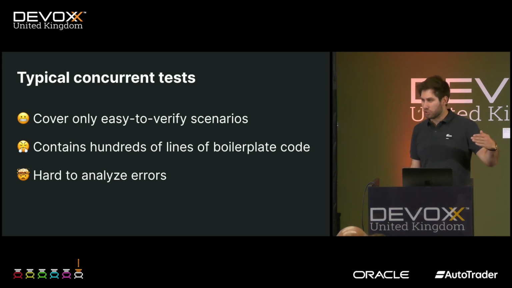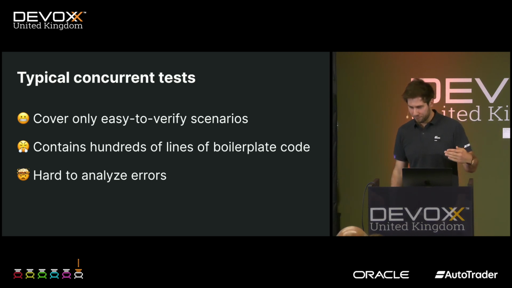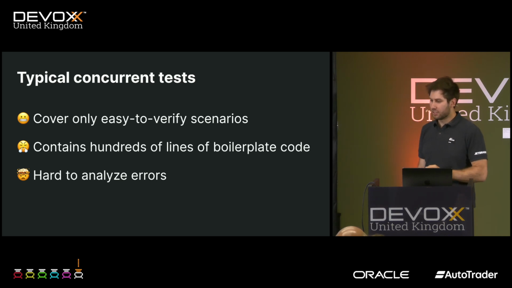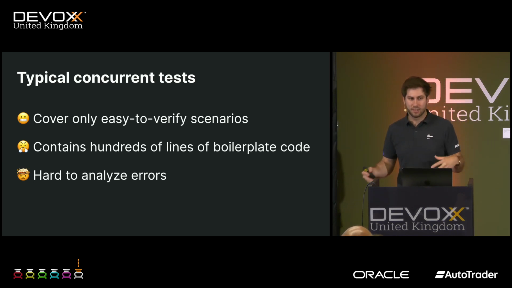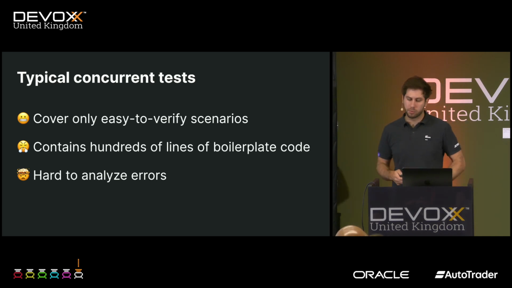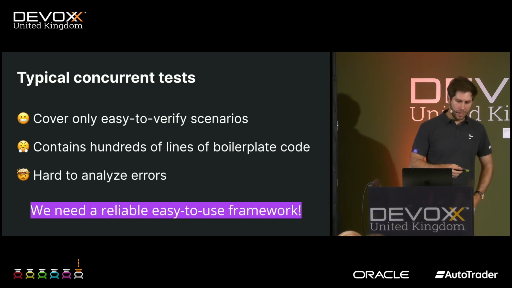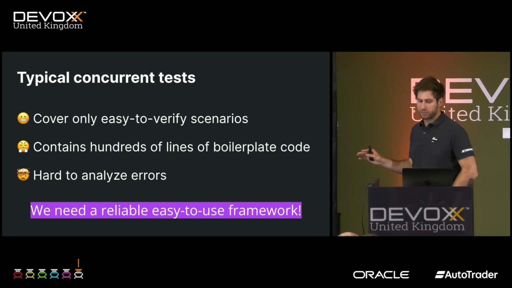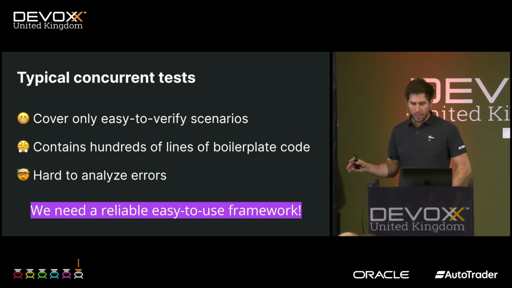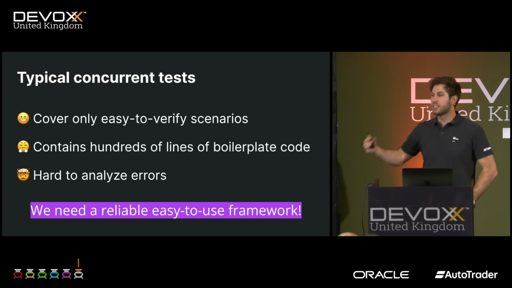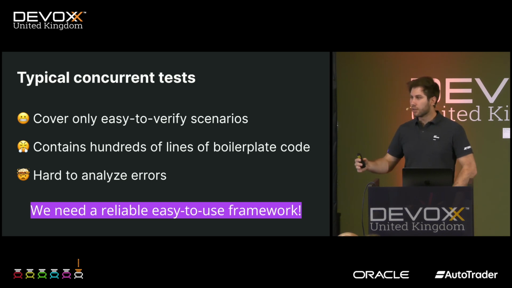We just read the code over and over until we realize why this situation occurred. So with the typical stress tests, it's really hard to understand the root cause of the problem. And ideally, we need some framework that will help us to write concurrent tests that can make these tests reliable and also help us to investigate the bugs it detected.